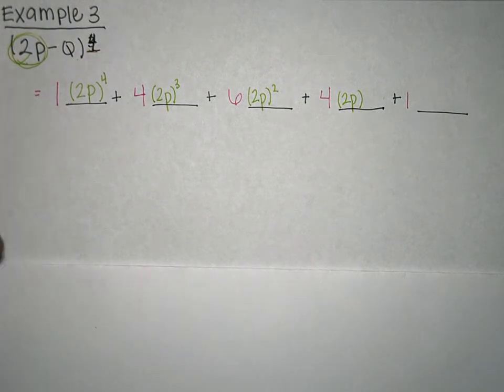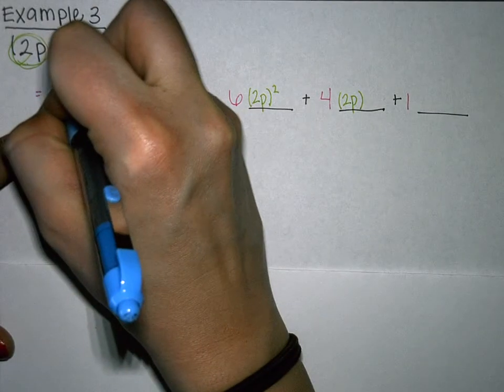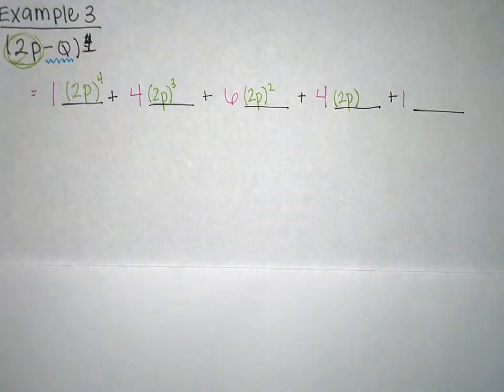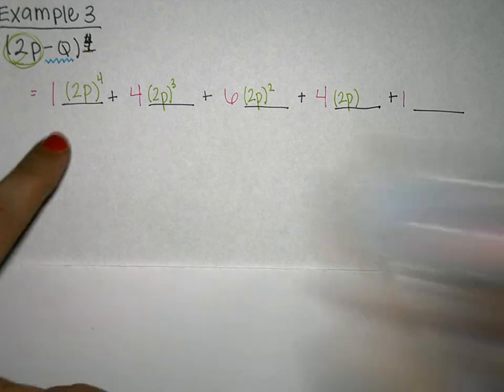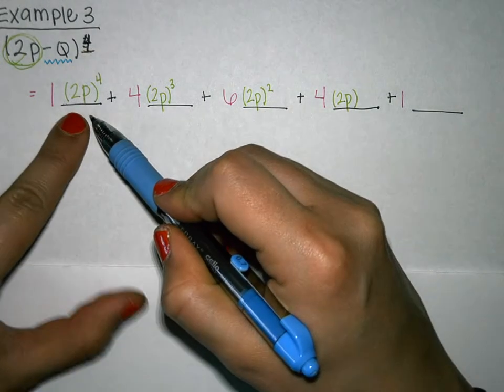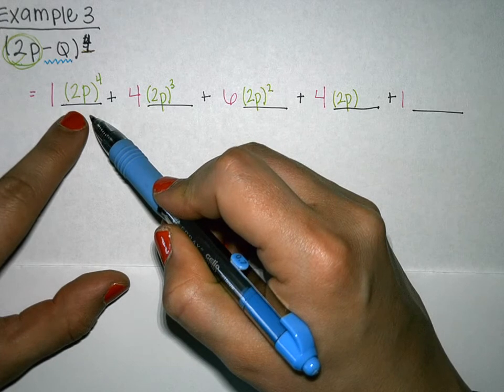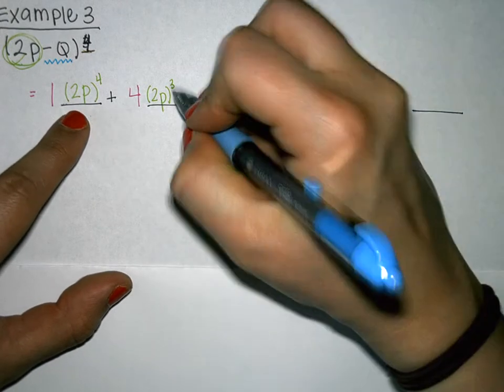Then the next thing I'm going to do is plug in the second term. Now this term is a negative q, so we want to make sure that when we plug in the second term with our exponents, that we attach that negative to it. So you always want to put it in parentheses as well. The first is going to be negative q to the 0, which is 1, so we don't have to write it.